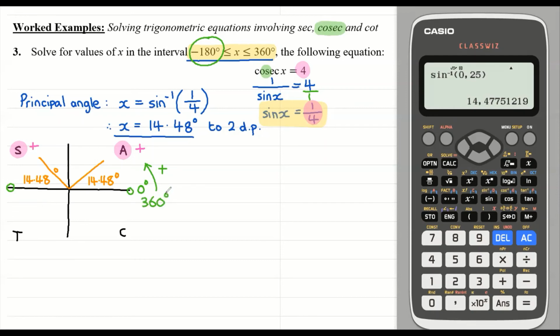Now, in this situation, if we're starting at 0 degrees on this axis, if I want to start at negative 180, I have to go 180 back. So the negative 180 is going to be here. Okay, so what I'm going to have to do, I'm just going to erase some of this.